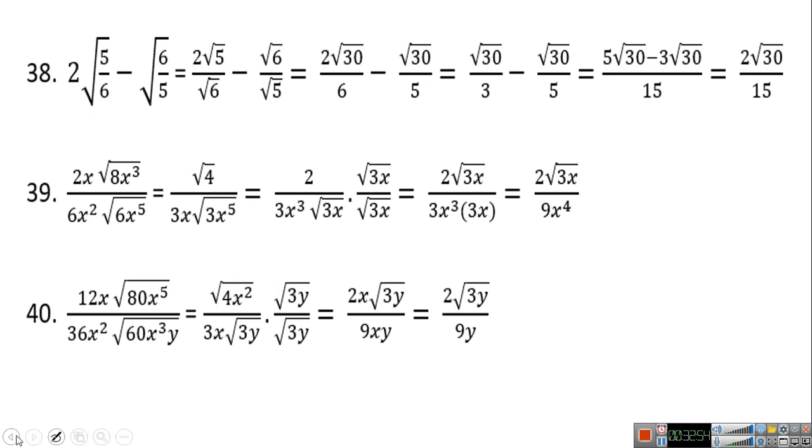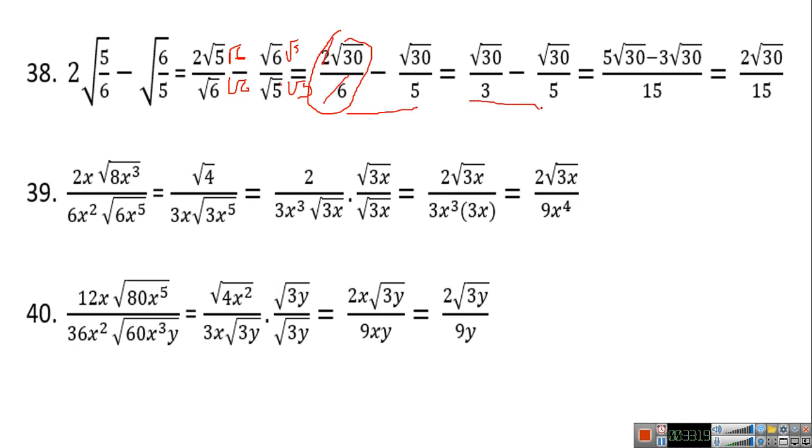Here the same thing. You multiply up by root 6 and down by root 6. Here I multiply up by root 5 to cancel up and down. So 2 root 30 over 6, you can see it. And here root 30 over 5. So same denominator: it's 2 and 6, you can keep it as a 3.